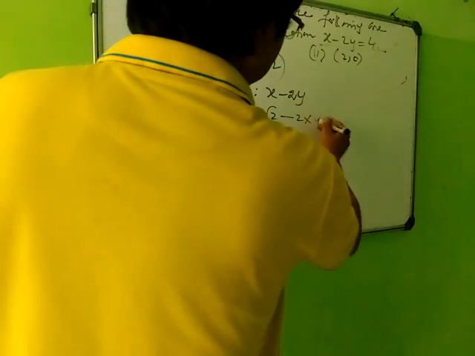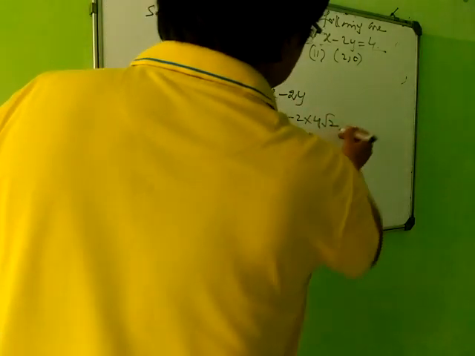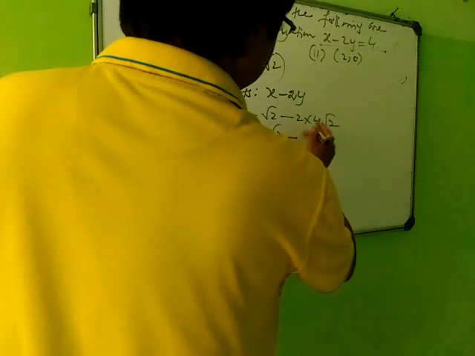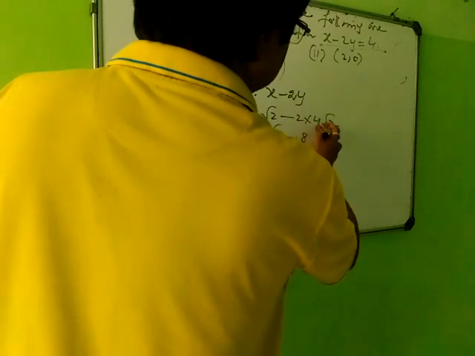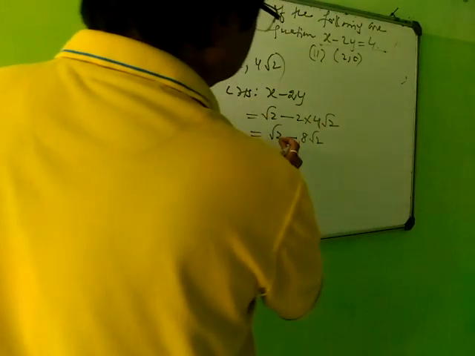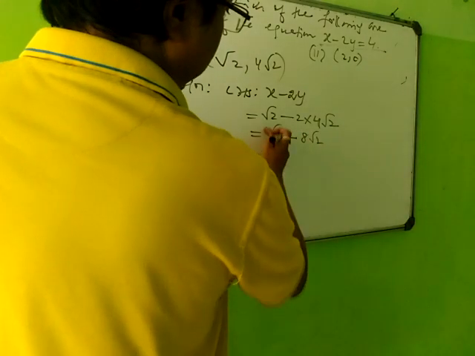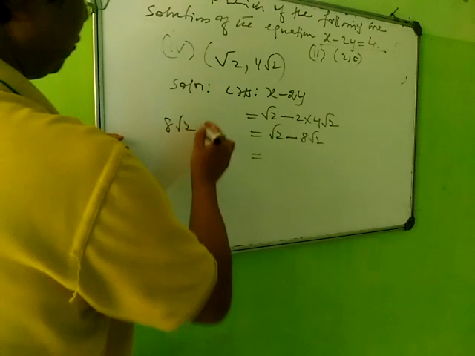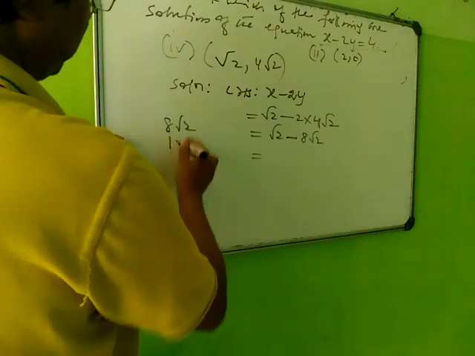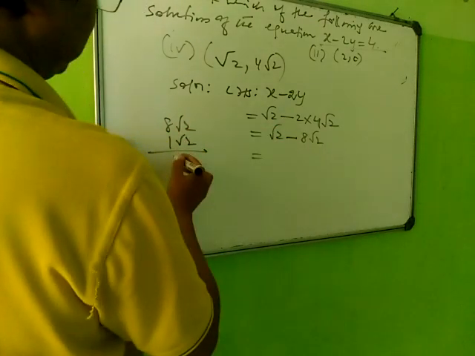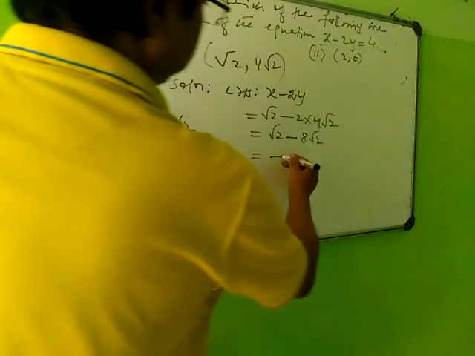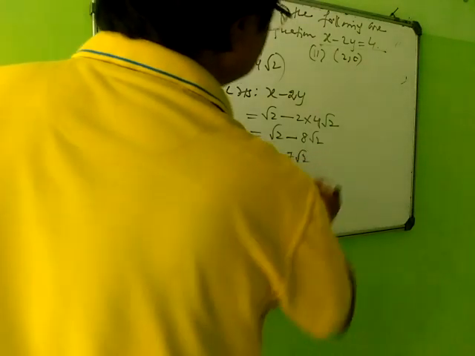So 2 into 4 root 2: root 2 minus 8 root 2, 2 into 4, 8 root 2. Now they are like terms, they are the same root. So there is 1 root 2 and 8 root 2. So you will do minus, you will get minus 7 root 2.